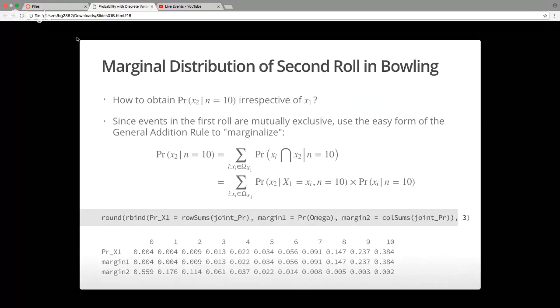If we take the column sums of the previous table, we get the marginal probability of knocking down x2 pins on the second roll, and we get these numbers here, which are very different from, let's say, the probability of knocking down 2 pins on your first roll. That's just 0.009.